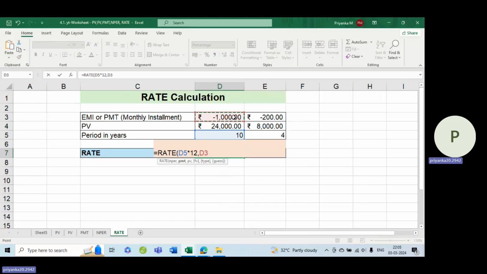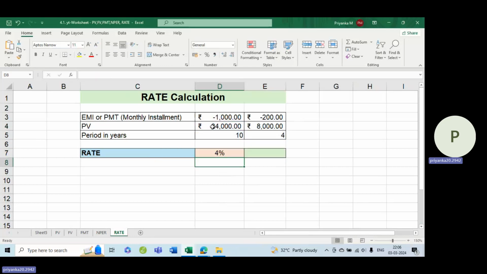Always remember, I've introduced a minus: if only present value or future value is given, you have to introduce a negative sign there. Otherwise, if a monthly installment is provided, introduce a negative sign because cash flow is happening there. So D3, comma, then my present value. Just close the bracket, then give enter. So that's all it is, 4%.